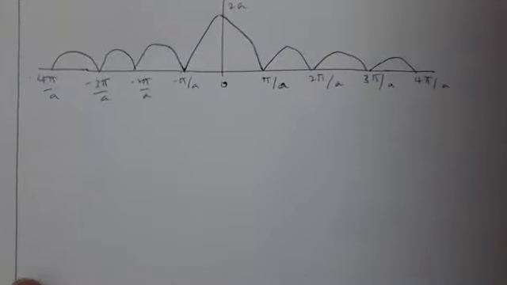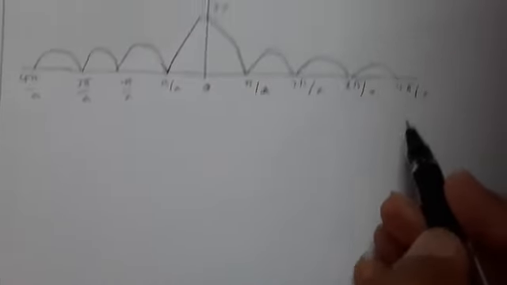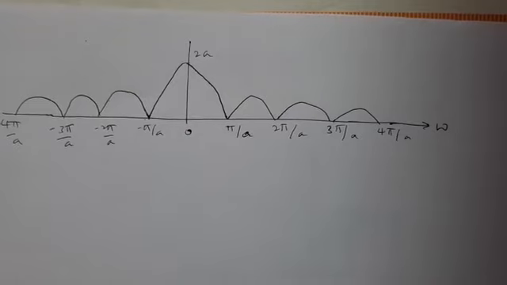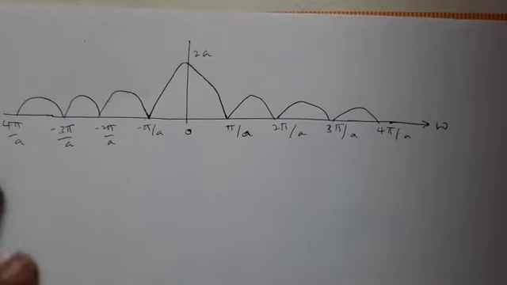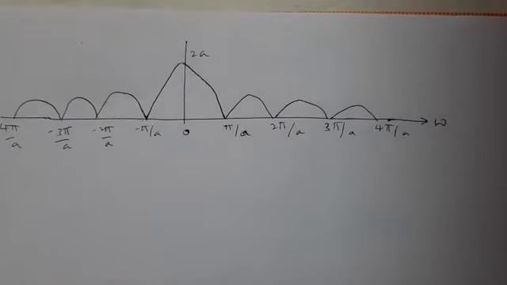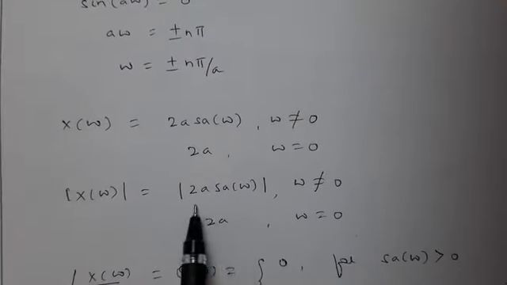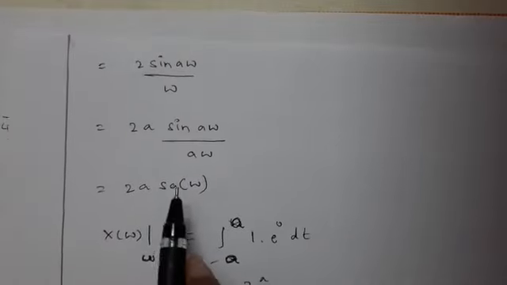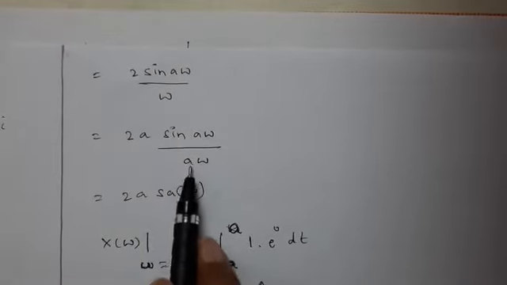Similarly, this is your omega. So how do you plot the magnitude? Magnitude of X of omega is 2a Sa of omega. What is Sa of omega? It is 2a sine of a omega by a omega.